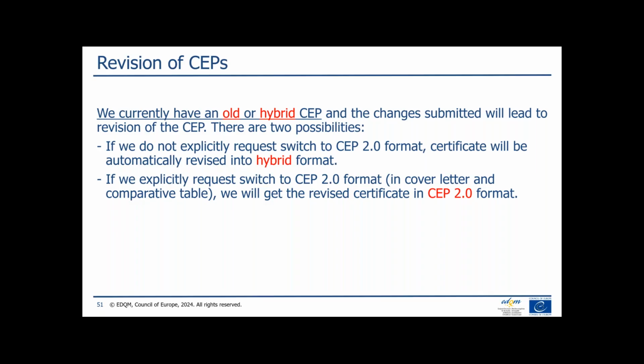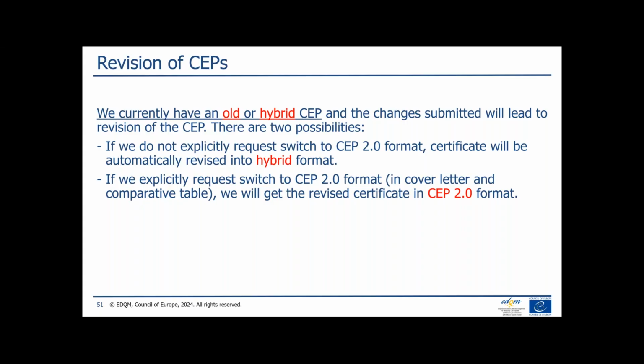What happens with changes to SEP 2.0 format? If we are a company, we currently have an old or hybrid SEP, and the changes that are submitted will lead to revision of the SEP. There are two possibilities.